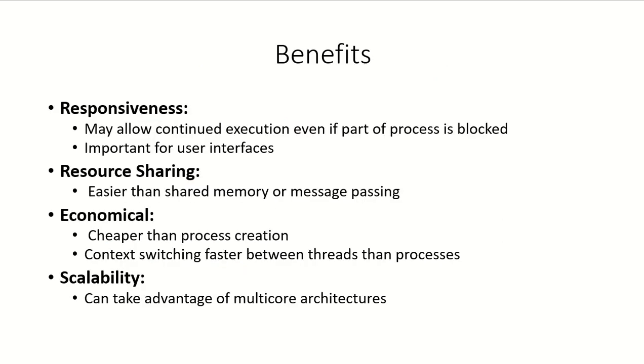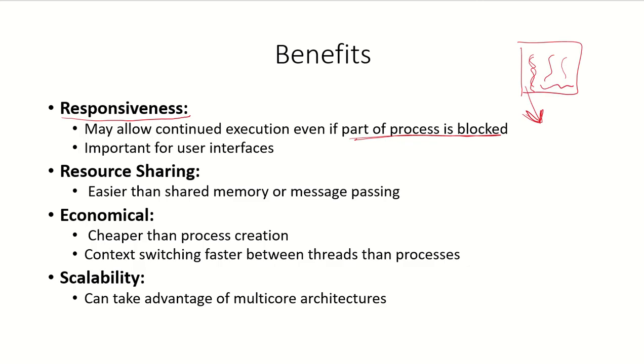So what are the benefits of having threads? First is responsiveness, that even if a part of the process is blocked. So if a process has multiple threads, and if one thread has made a system call due to which that part of the process is blocked, other threads can continue doing the other part of the process.